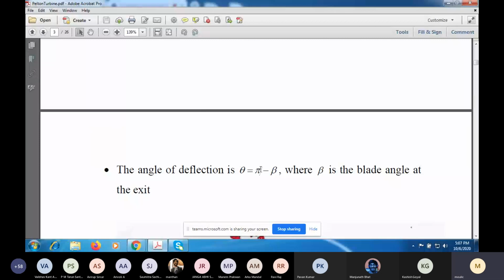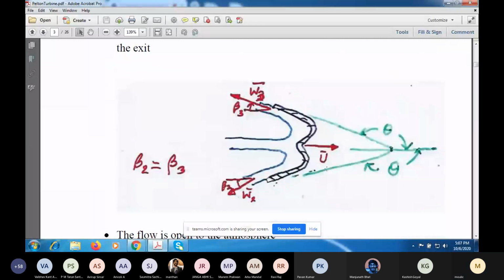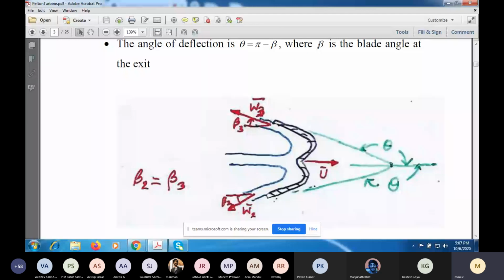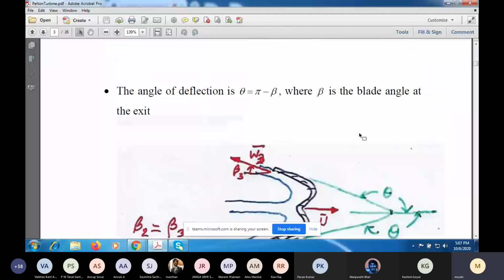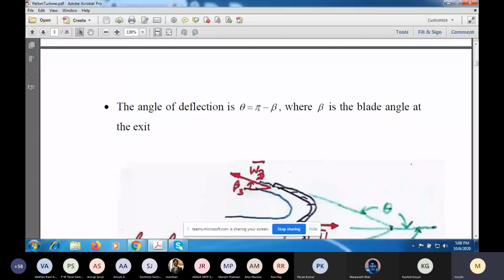Pi is in radians, and beta is the blade angle at the exit. Later on I'll show you the velocity triangle, and you'll see it is the angle between minus u and w. This convention will be used when we look at the centrifugal pump as well as the Francis turbine. So you're definitely right, theta plus beta is 180 degrees.